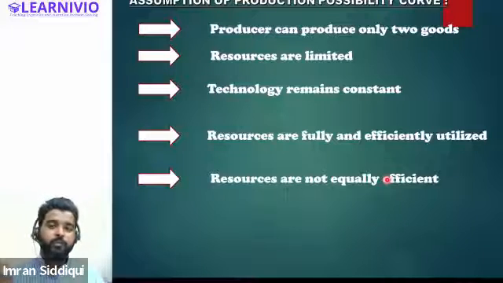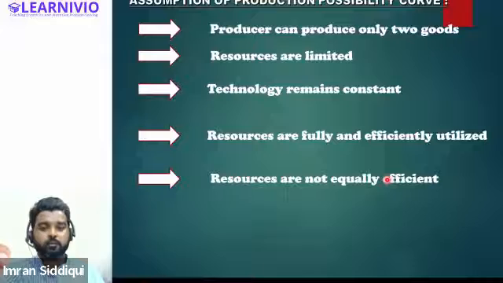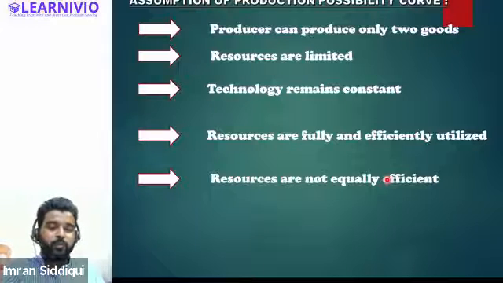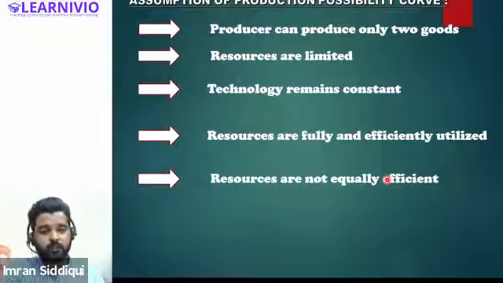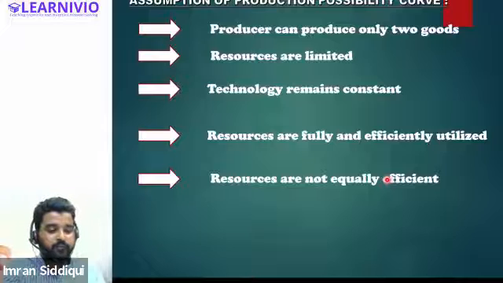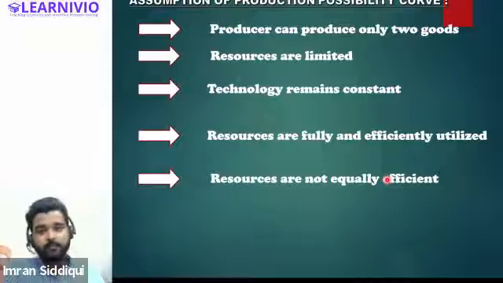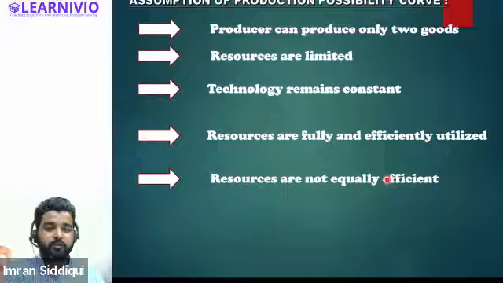Now the producer wants to increase the production of mobile phones, so he asks labor to contribute to the production of mobile phones. Please tell me whether the labor will be equally efficient in the production of mobile phones as he was in the production of laptops.